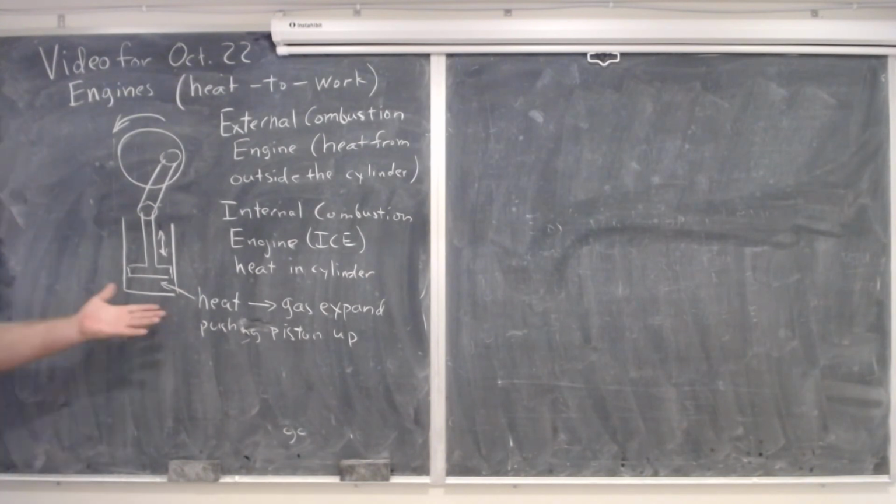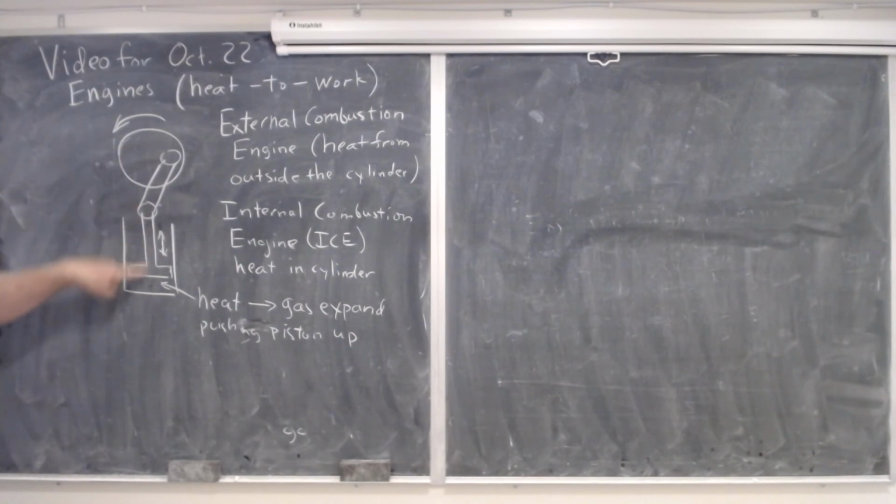And so that's the energy conversion process. You put heat in somehow, it pushes the piston up, and you get the idea this is a cyclic thing, it has to come back down, and I'll explain that in a little bit.